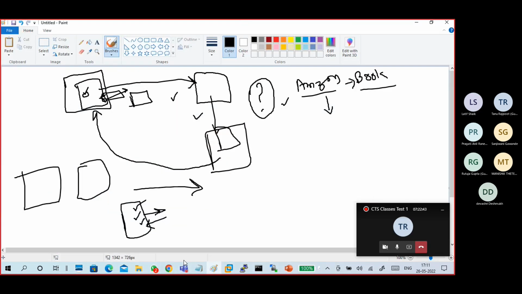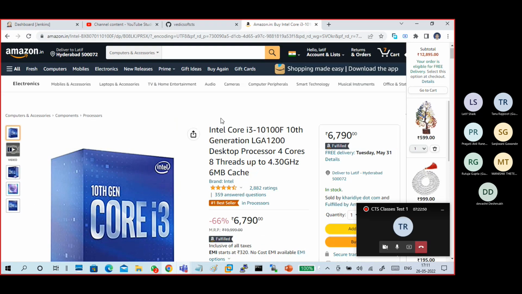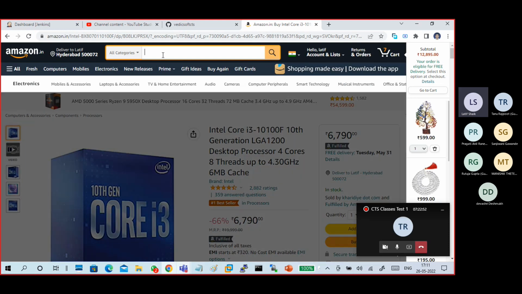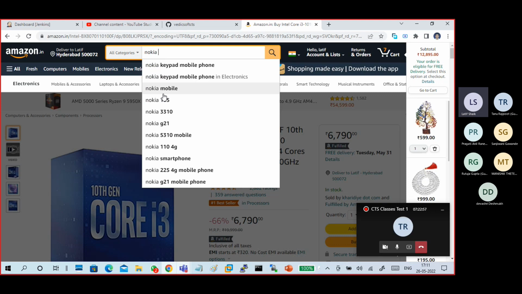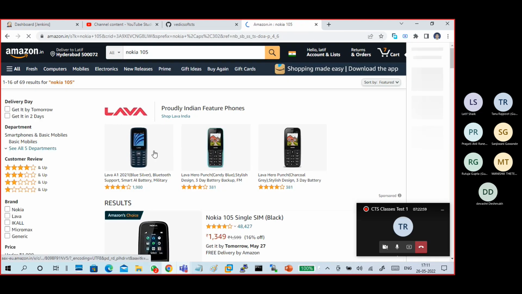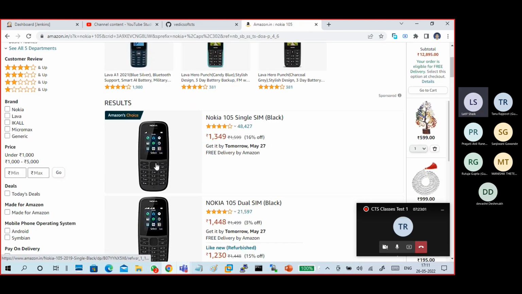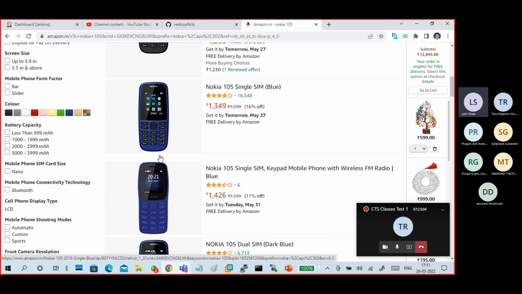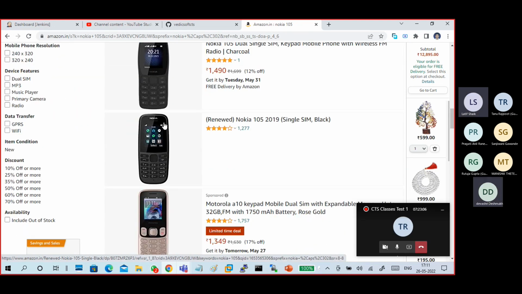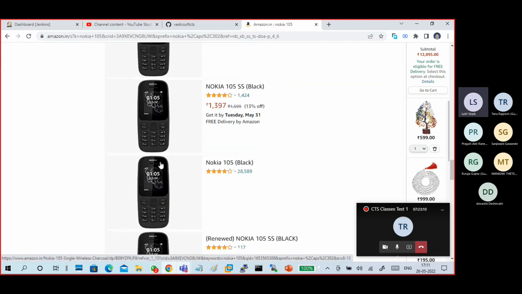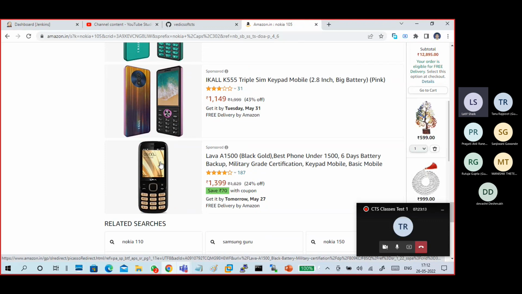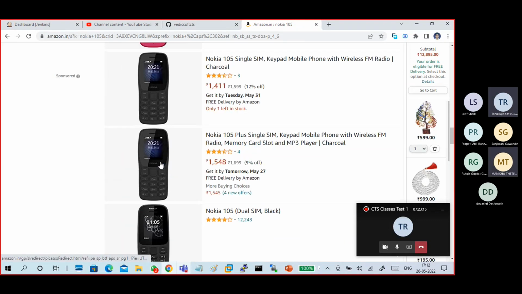One best example is Nokia feature phones, like this kind of mobile phone. Does anybody remember these phones? Old models, the 1100. Has anybody seen them in childhood days?